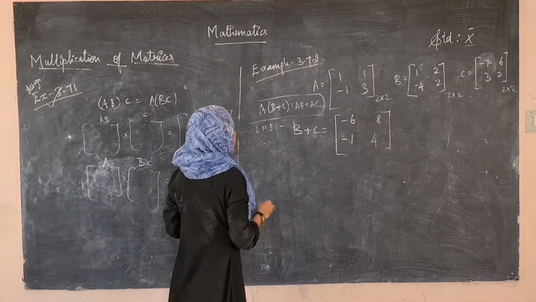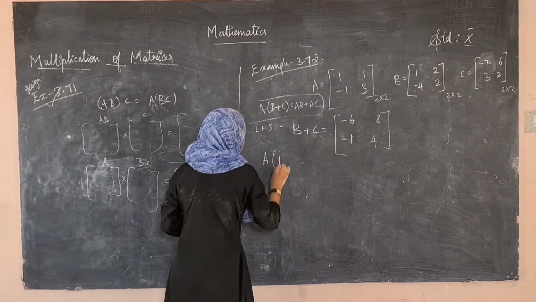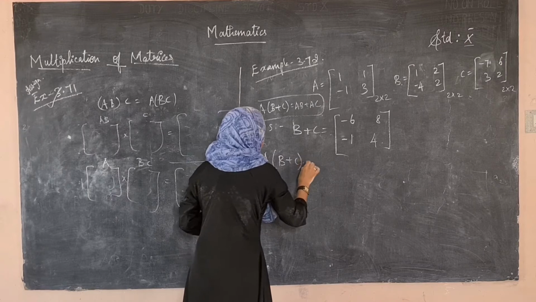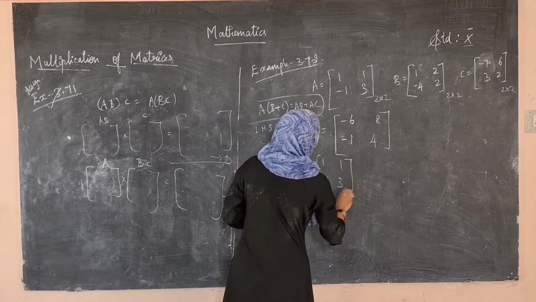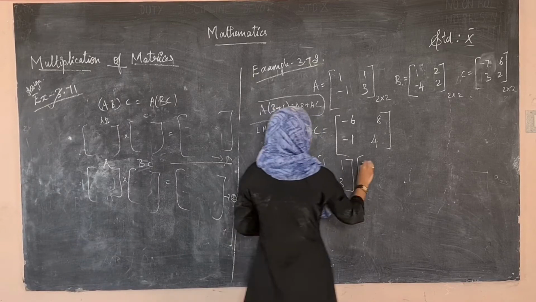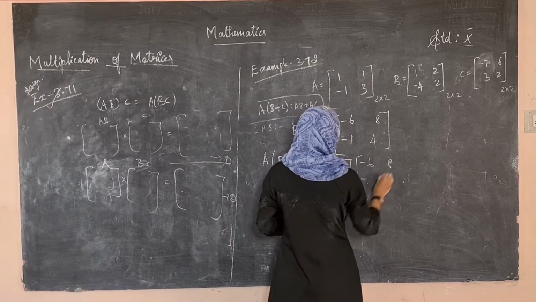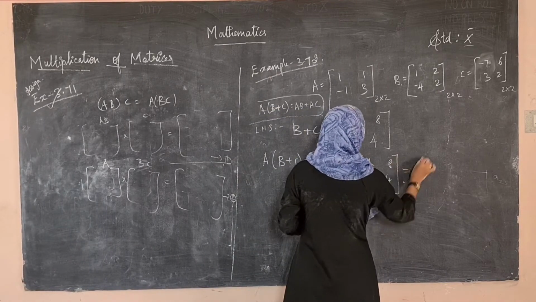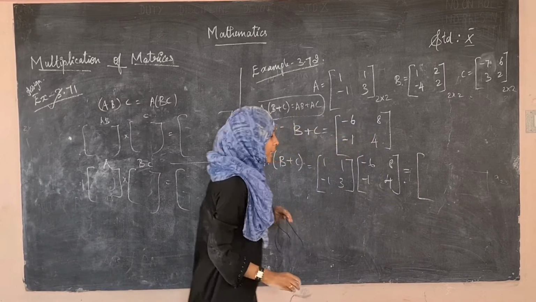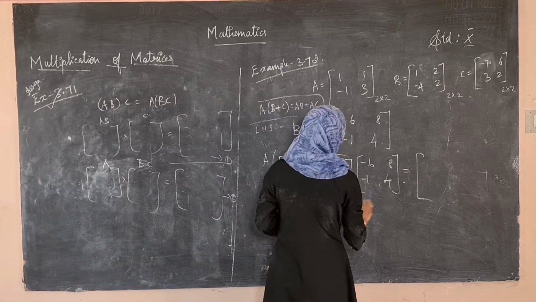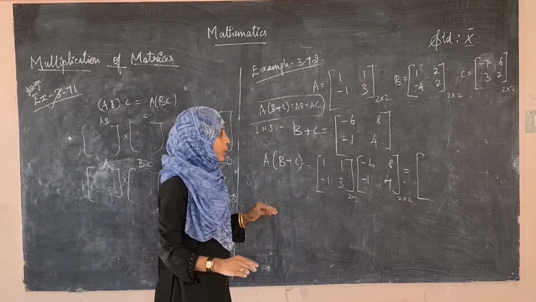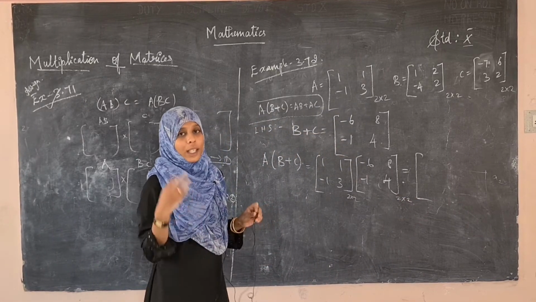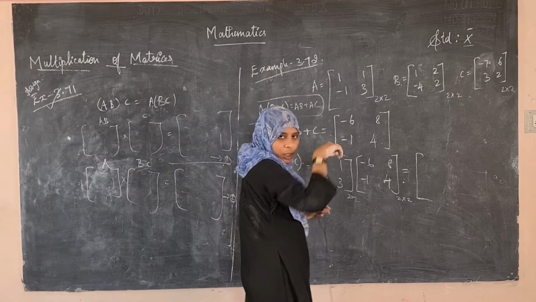Right? So what is A into B plus C? A is 1, 1, minus 1 and 3. B plus C is minus 6, 8, minus 1 and 4. Now we are going to perform the multiplication. This is of order 2 cross 2, and this is of order 2 cross 2. The resulting matrix will be of order 2 cross 2 since it has 4 elements.